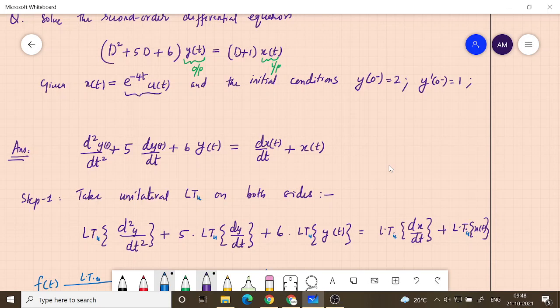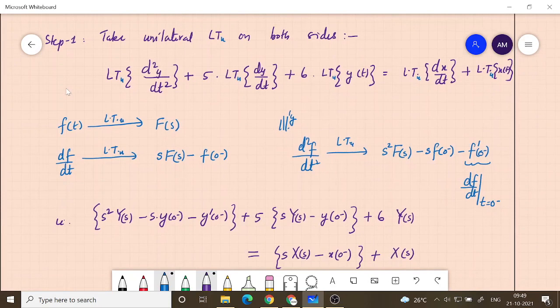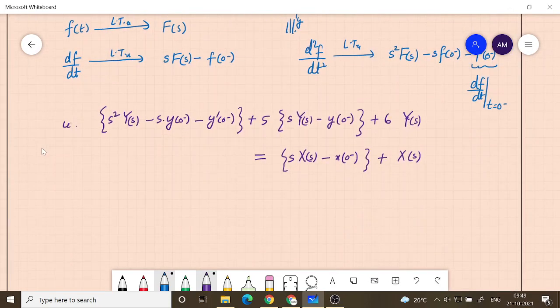This means that x of 0 minus is equal to 0, because it has a value only for positive values of time because of u of t. For any negative value, even if it is very, very small, its value is 0. So we can directly substitute 0 here.